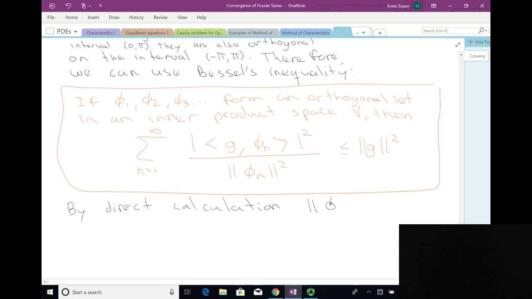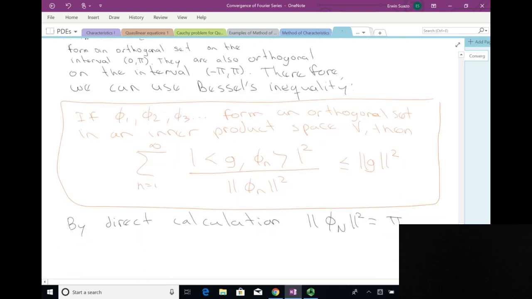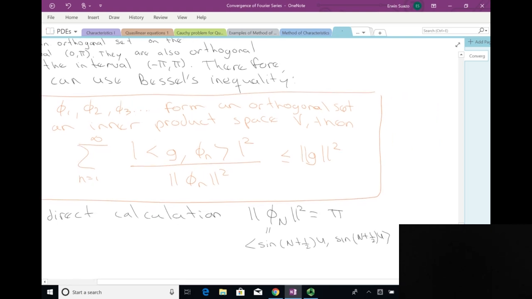The norm of this phi sub n squared equals pi. So if you take the inner product sine N plus 1/2 u comma sine N plus 1/2 u, it is gonna give you pi.